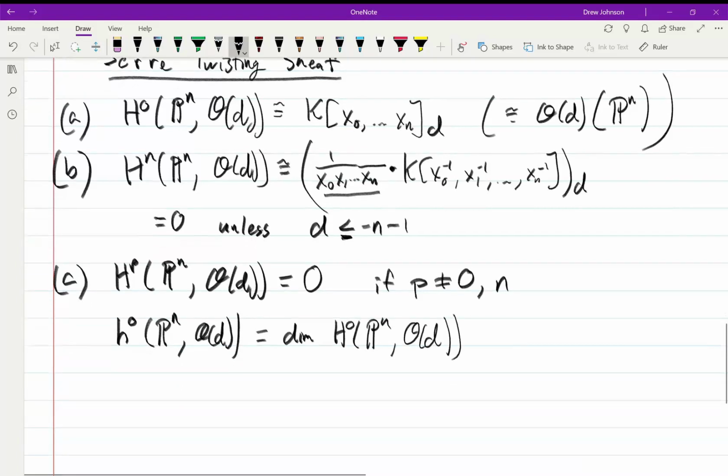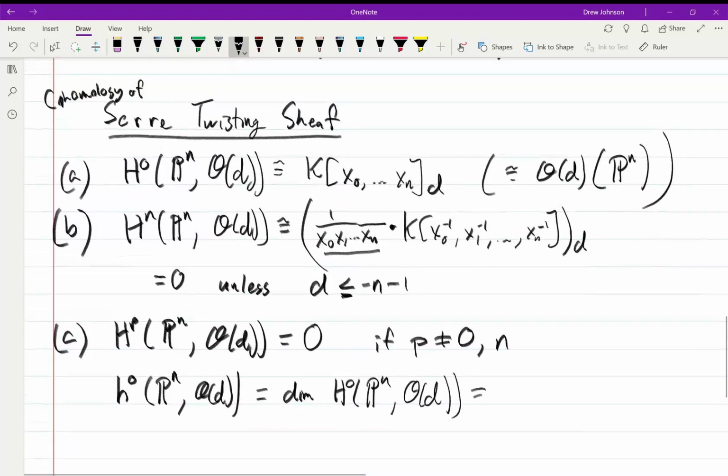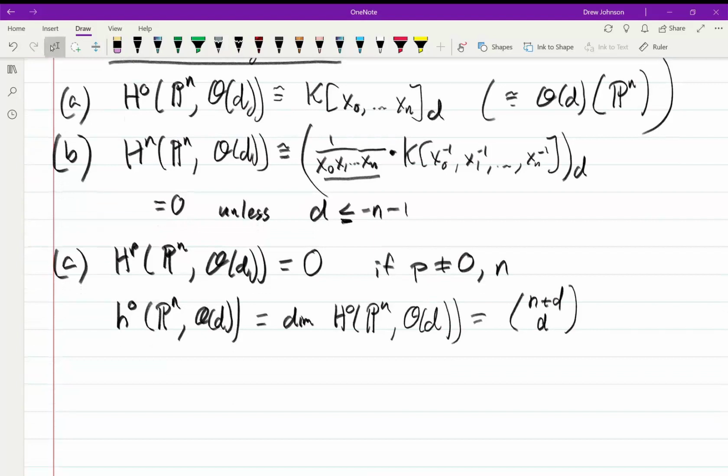And we can compute that here. It's just n plus d choose d. This is the number of degree d homogeneous polynomials in n plus 1 variables. So you can think about why that's the right formula. And then let's write down the formula for H^n.